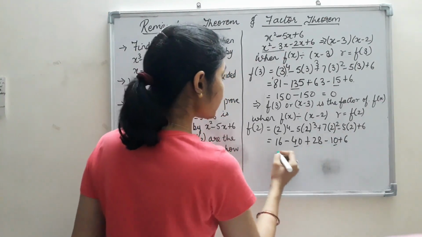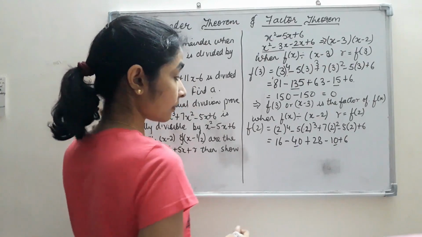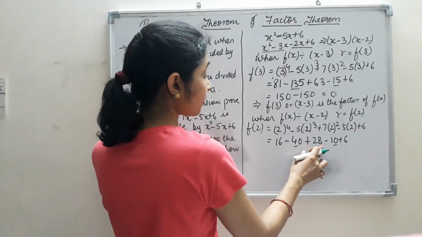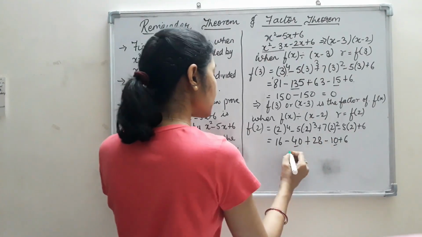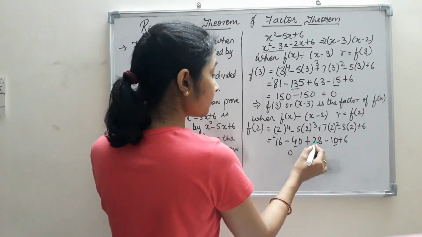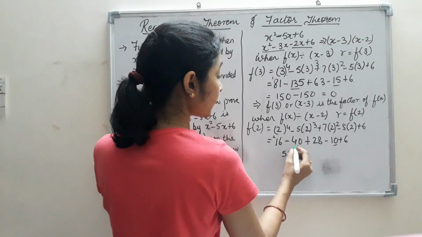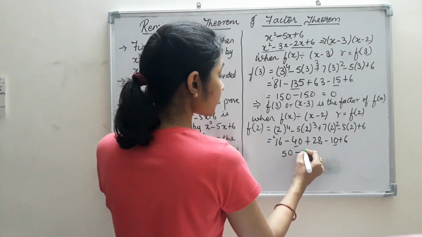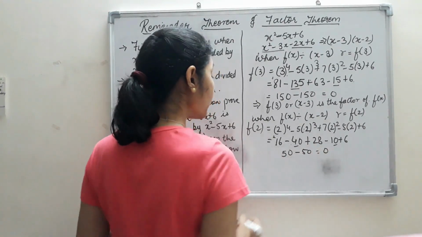These two are negative terms, others are positive, so just adding them. 6 plus 8 gives me 14, 14 plus 6 gives me 20. Now 2 plus 1 gives me 3, and 3 plus 2 gives me 5, so 50. Minus 40 and minus 10 gives me minus 50, so here also we are having 0.